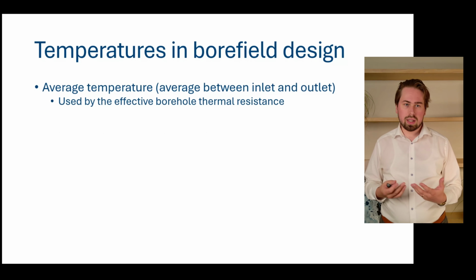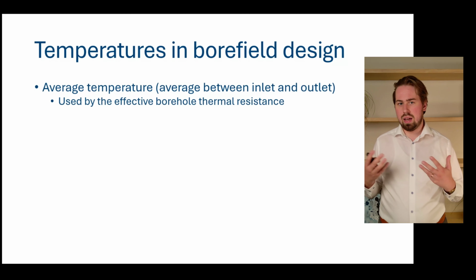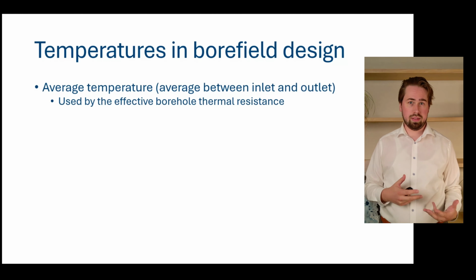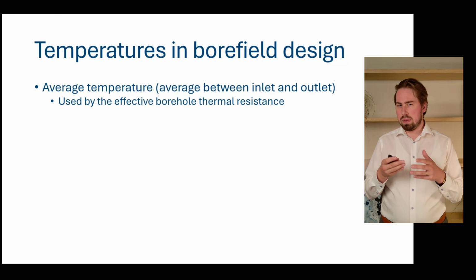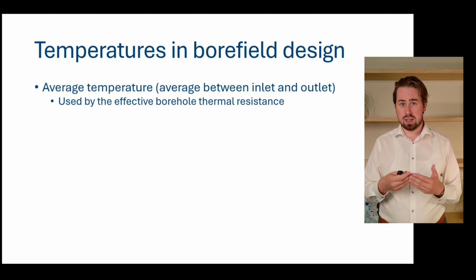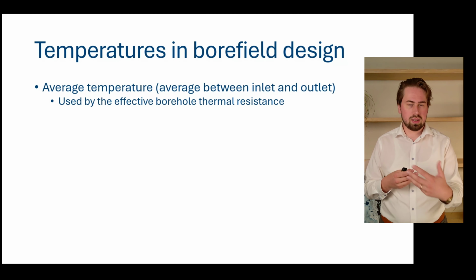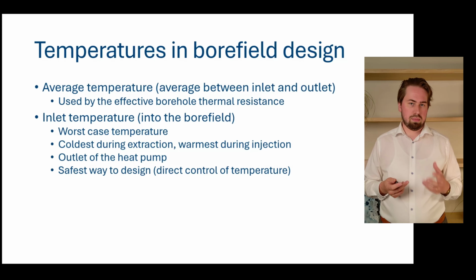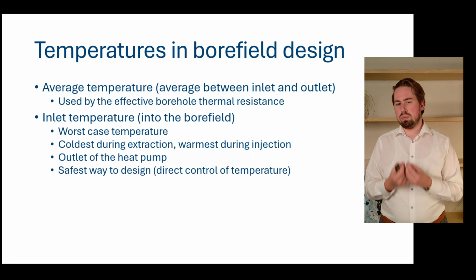So as said, historically, typically the average fluid temperature is used, the average between the borefield inlet and outlet temperature. And this is because it's quite straightforward that the relationship with the effective borehole thermal resistance is straight, it's linear. On the other hand, you have the inlet temperature, and it's the fluid going into the borefield.